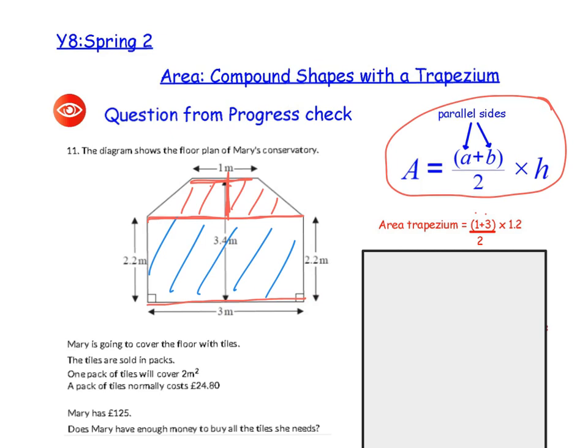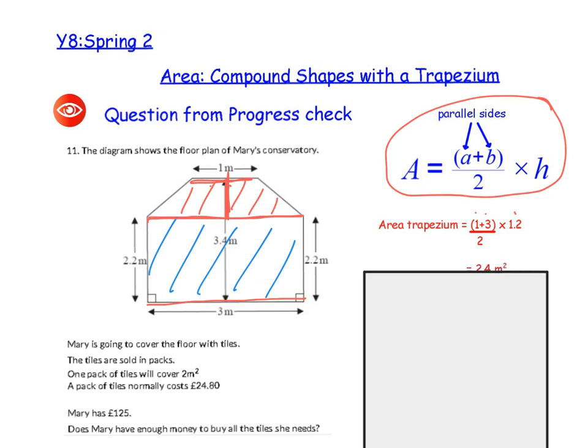Which should leave us with just this height of the trapezium being the 1.2. If we do that calculation, 1 plus 3 is 4, 4 divided by 2 is 2, 2 times 1.2 is 2.4 meters squared. So we've now found the area of the trapezium.